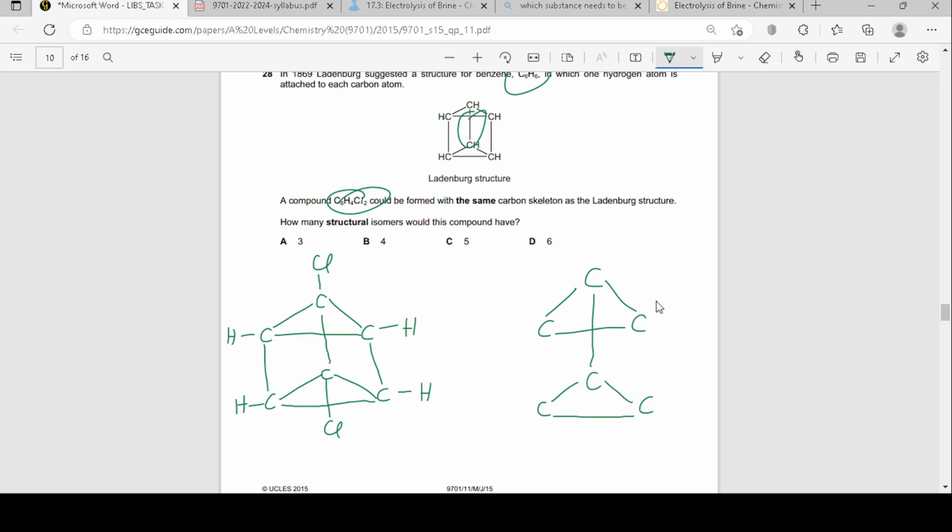Okay, first I made these two chlorines different, but another structure I could have, thinking about how many isomers you could have, right? So if I have H atoms all around, but instead of having a chlorine here, I keep this chlorine here, but then I have a chlorine there, okay?